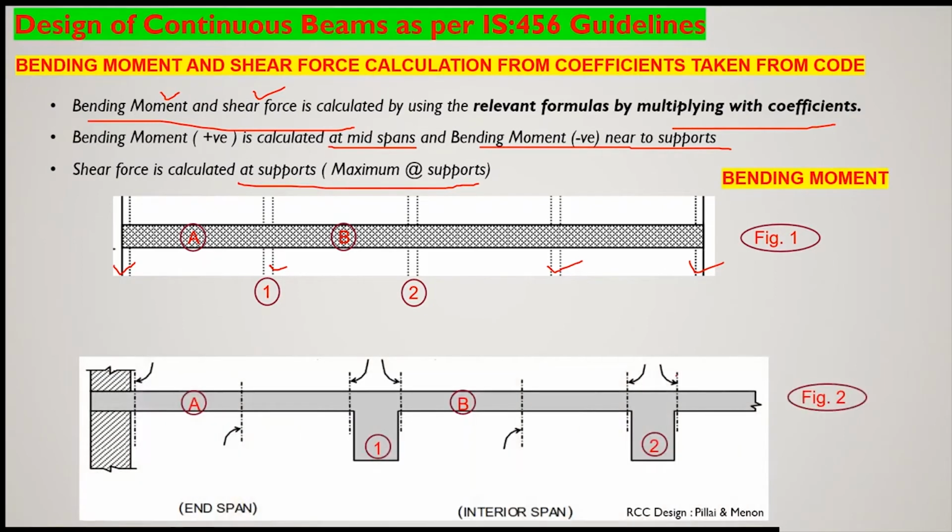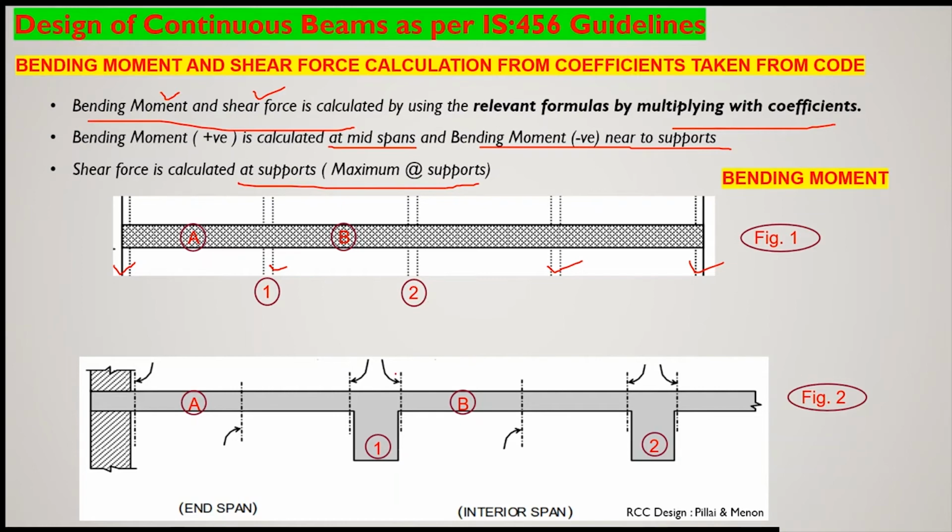Now in figure number 2, you can easily see this is a brick wall and your beam is embedded in the brick wall. So it is not a simple support, it will act like a fixed support because its movement is restricted. Now this span A is shown here. Similarly, this is beam number 1, beam number 2, and then it is continuous.